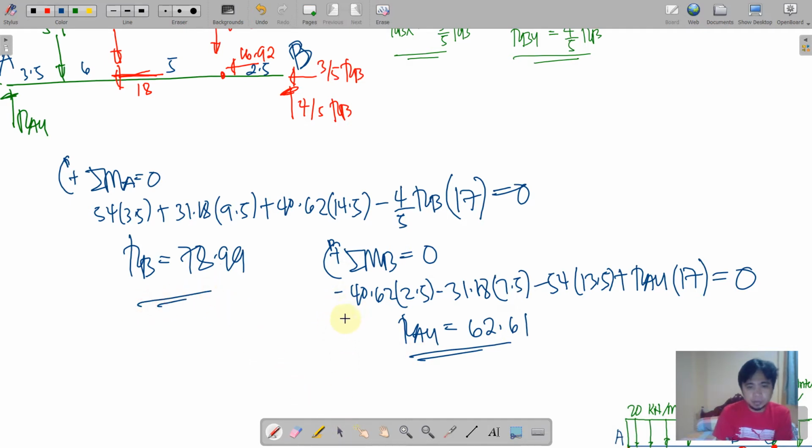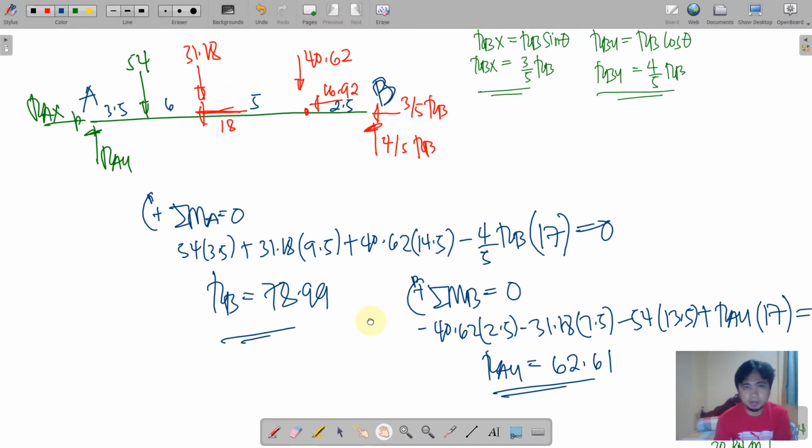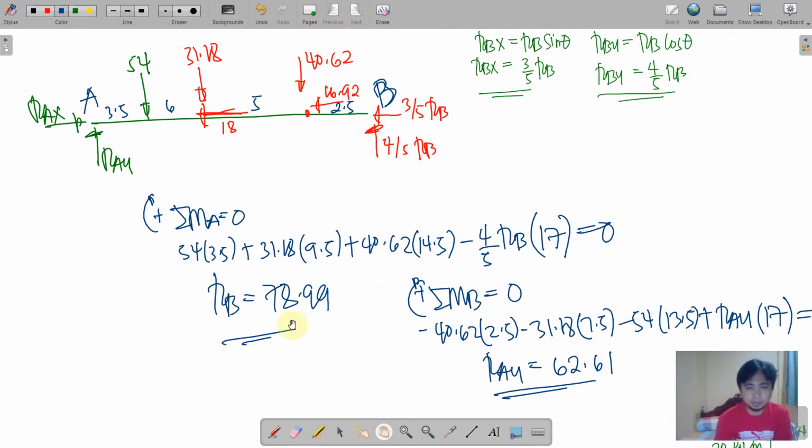So I think we have to check our vertical here. So summation of forces vertical is equal to 0. We have downwards 54, 31.18, downwards again. We have another downwards 40.62, and then we're going to add the two reactions here. We have 4/5 of RB and RAY.